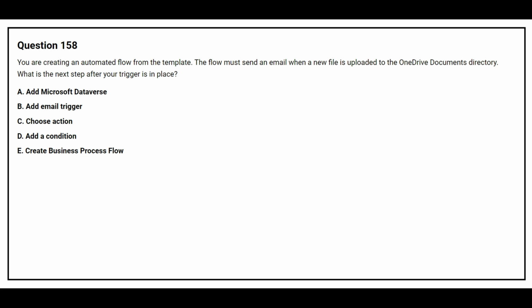Option B, add email trigger. Option C, choose action. Option D, add a condition. Option E, create business process flow. The correct answer is option C, choose action.